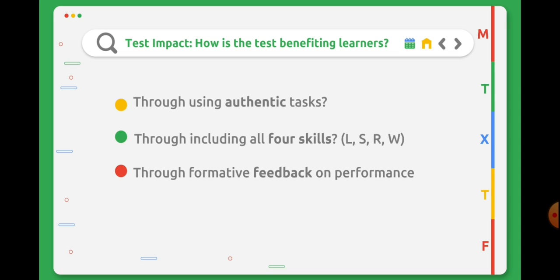Or is the test benefiting the learners through all 4 language skills such as listening, speaking, reading, writing, because the English proficiency test covers those 4 skills? Or the learners get some benefits from formative feedback on performance?